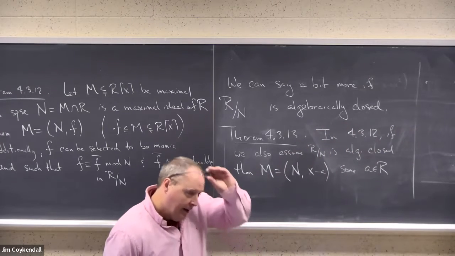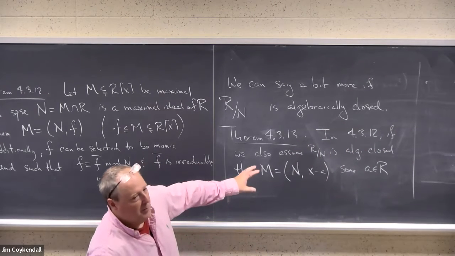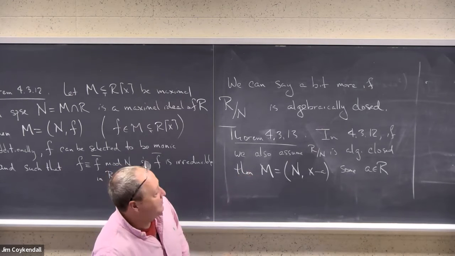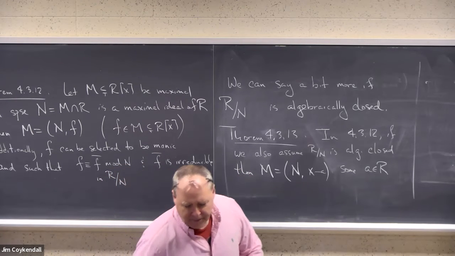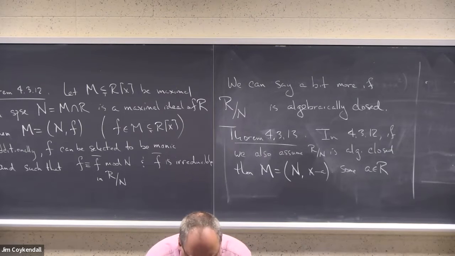And if any of you have ever seen the Nullstellensatz before, this might be kind of coming a little bit into focus. And if you haven't, don't worry about it. So let me point out that this will be useful for us.